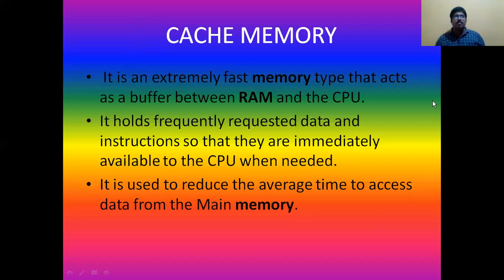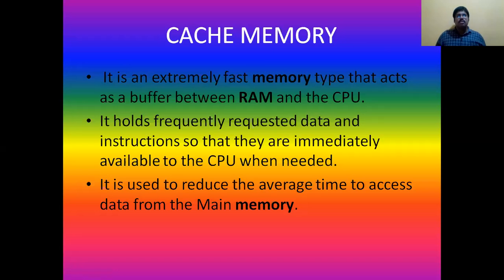Before discussing this topic, we will discuss the general operation of a computer. As we discussed in the previous classes, a computer has two memories. The first one is primary memory and the other one is secondary memory. Primary memory is nothing but the inbuilt memory, the memory that is present at the time of your purchase.